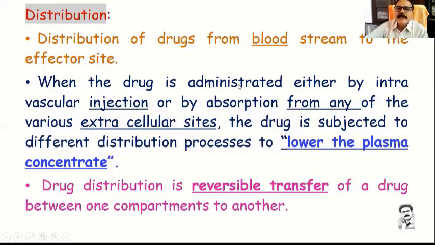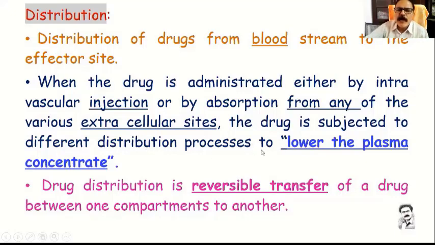When the drug is administered either intravascularly, when you give an injection, or it is absorbed by any form of the various extracellular sites. You can take it as a tablet or a nasal spray, something like that. Injection will go into the vein, whereas if you take a tablet or something like that, it will come into the extracellular site. So the drug is subjected to different distribution processes.